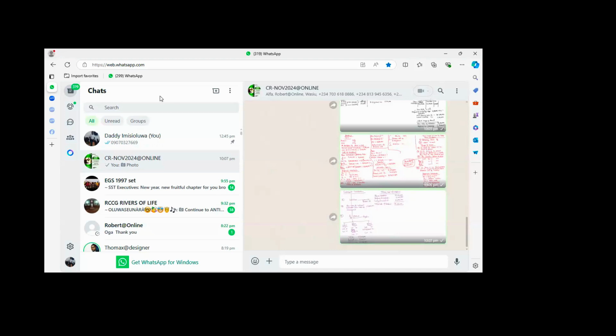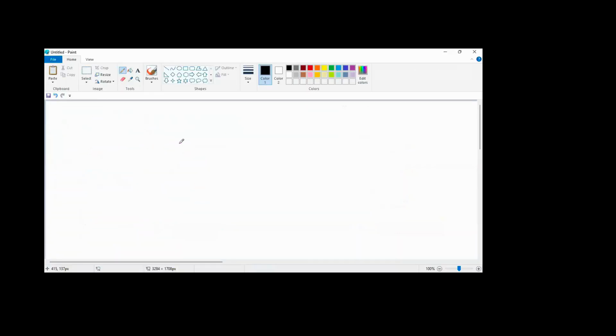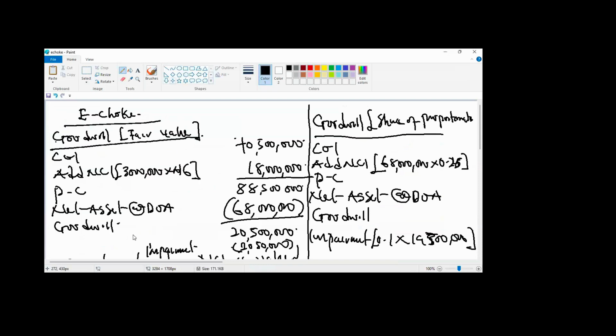The question says we should consolidate the statement of profit or loss, statement of financial position, statement of changes in equity, and the consolidation for the statement of profit or loss and the balance sheet.